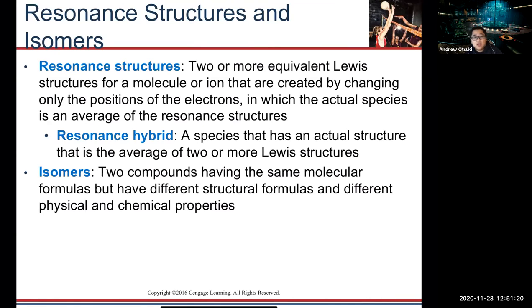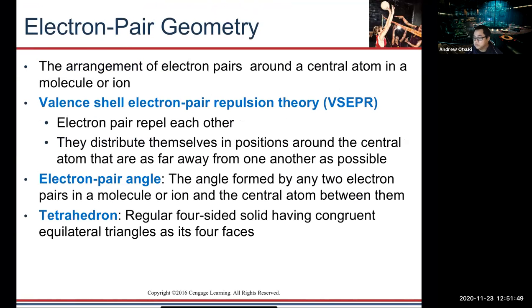Their connectivities, how the bonds are arranged in the structure, are different, but they have the same number of atoms in the chemical formula. Usually these isomers have different physical and chemical properties. So they have the same formula, but they are different in terms of identity.